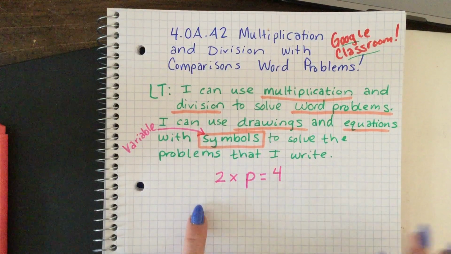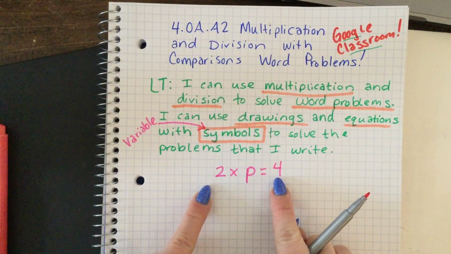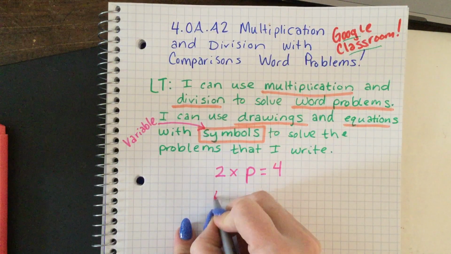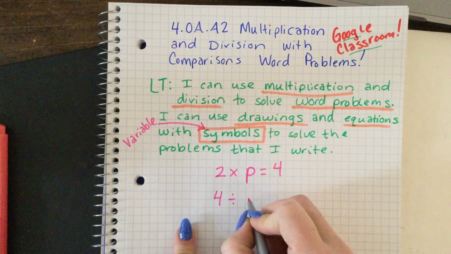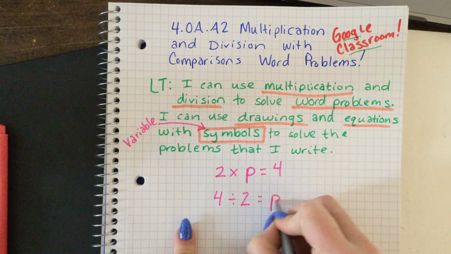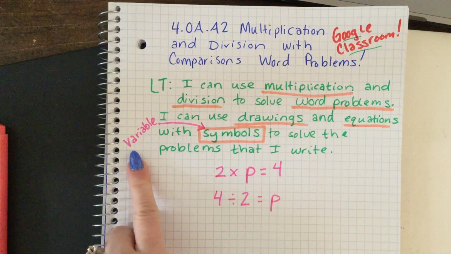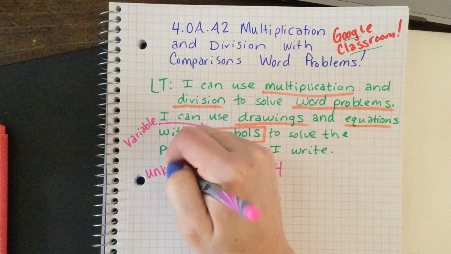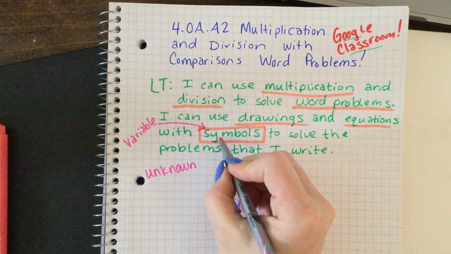If I were to write this exact same problem another way, I would use the fact family. I would say, okay, what do I know about 2 and 4? I could say 4 divided by 2 also equals P, because that P, that variable, that symbol, is the unknown. We don't know what it is yet.